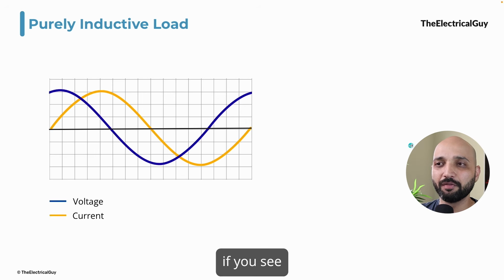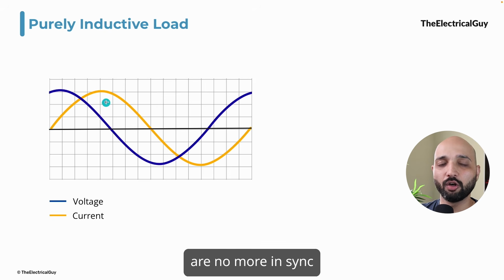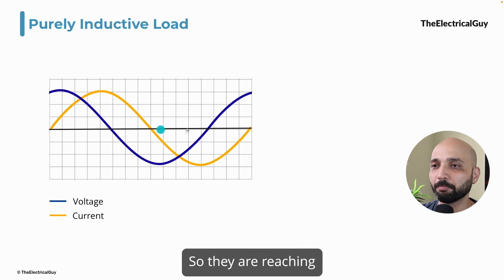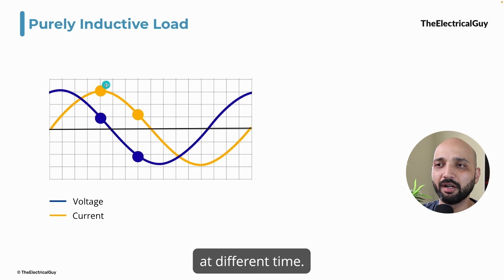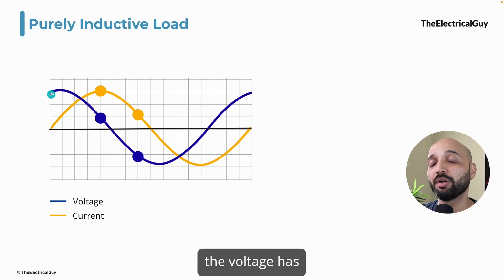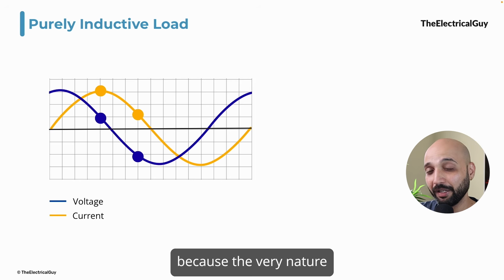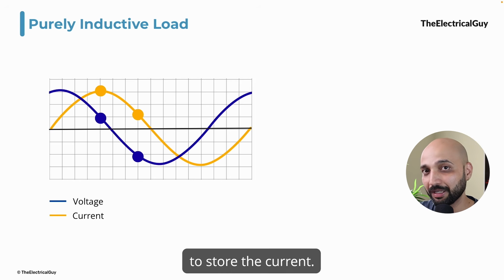Now here, if you see, the voltage and current are no more in sync with each other. They are different. So they are reaching their peak values at different times. So here the voltage has a head start. Voltage is starting early because of the very nature of an inductor to store the current.